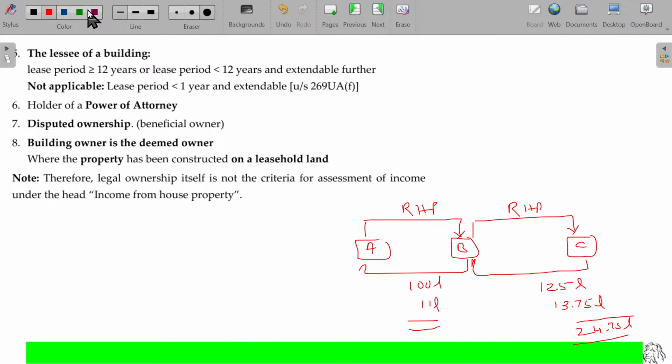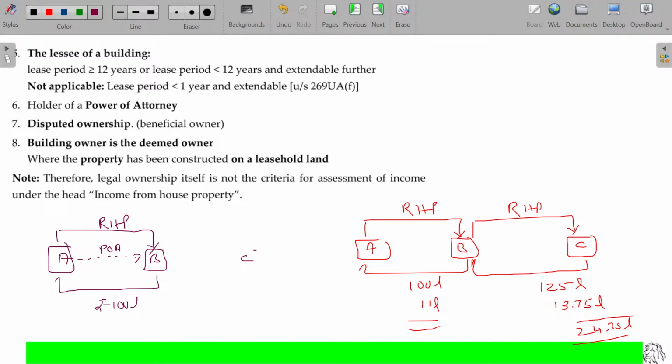To avoid that, you know what they will do. A and B: A transfers the residential house property to him. B makes the payment, but registration is not done. Rather than registering, he gets a power of attorney from A. The power is given to B to do whatever he wants to do with respect to the house property.